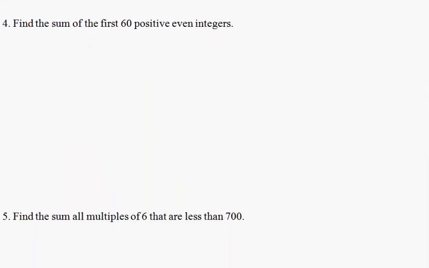Here you want to find the sum of the first 60 positive even integers. So our first even integer is obviously 2, 4, 6, 8, 10. And then the 60th one would just be 2 times 60, which would be 120. So we have 60 positive even integers. The first one is 2, the last one is 120.